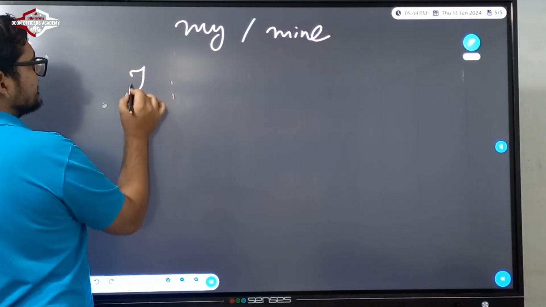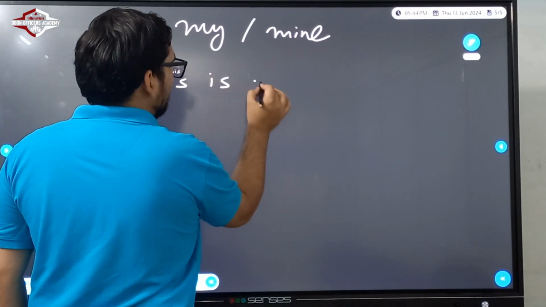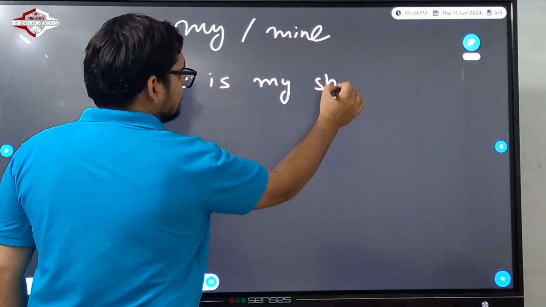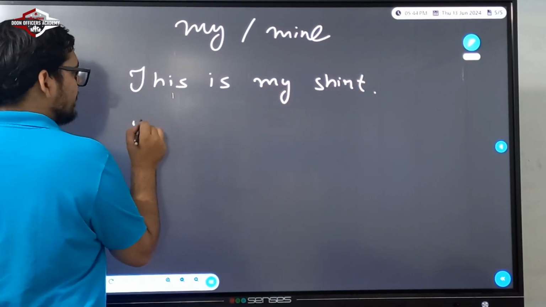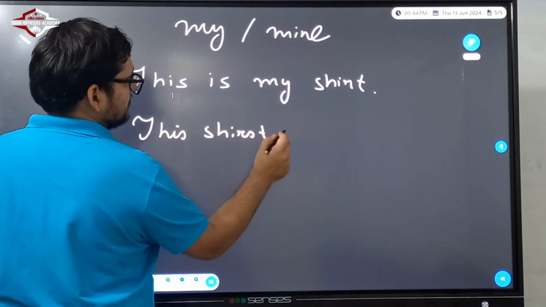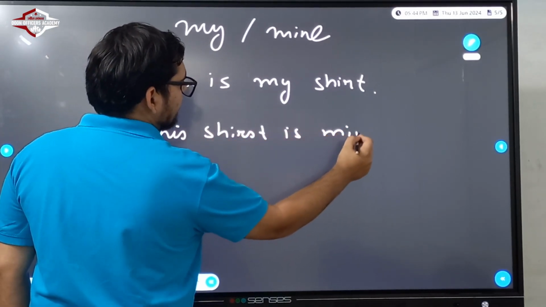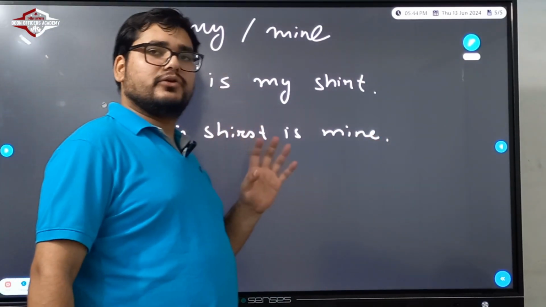For example, this is my shirt. This is the first sentence that I wrote. Now let's see the second sentence. This shirt is mine, right? Now in the place of my, you can place anything.